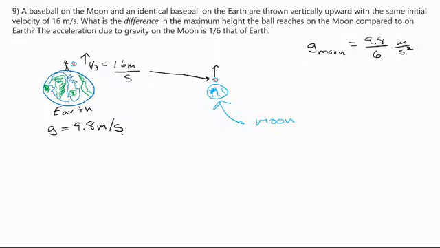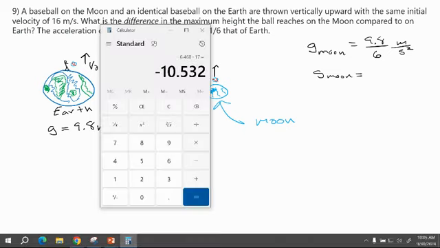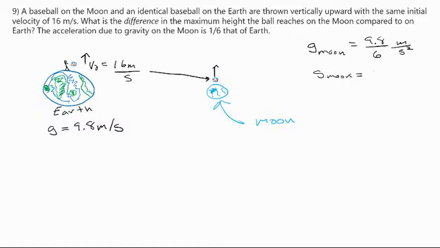All right. So I'm just going to do that on the calculator real quick. I've got 9.8 divided by 6, 1.633. So it's 1.63 meters per second squared.